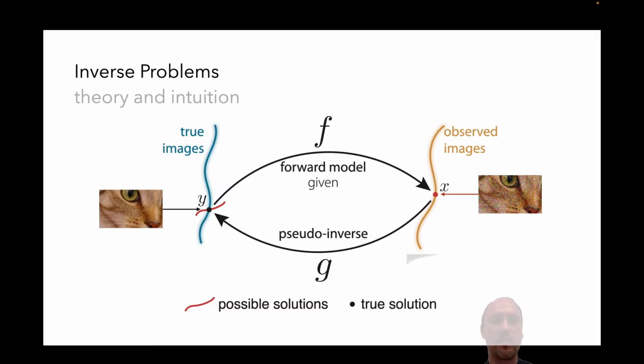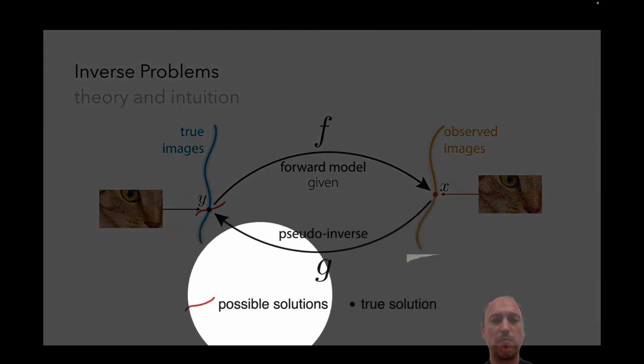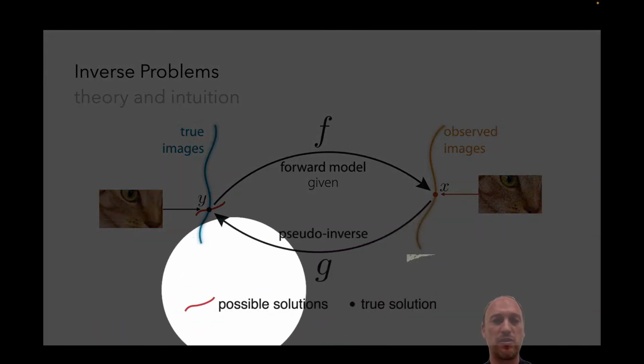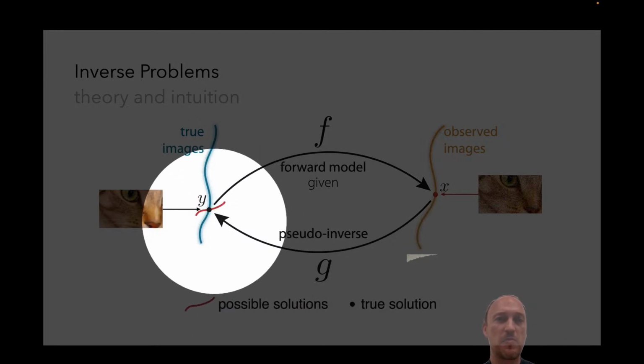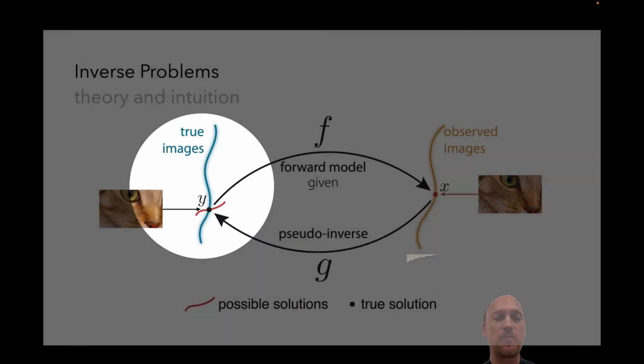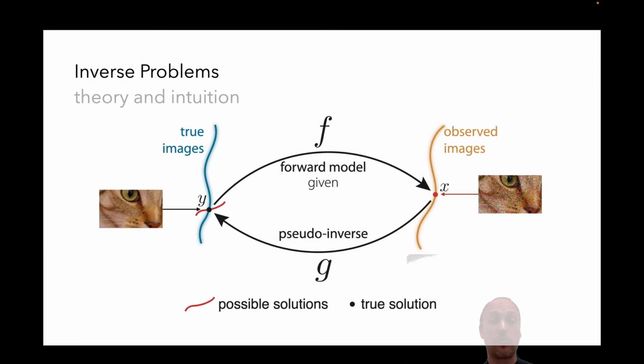And this is the space of possible solutions, which I denote as this little curly subspace Y in red here. And of course, the true solution is part of it. So our Y is part of that space of possible solutions, but it's only one among potentially billions or more.